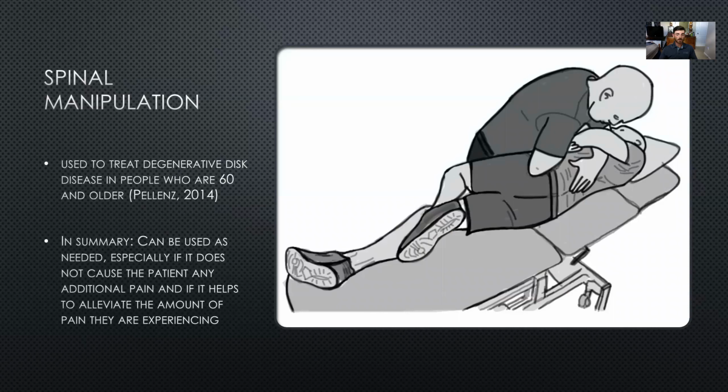But there is not a golden standard for the amount of treatments and the time between treatments. So the person suffering from chronic low back pain or any type of low back pain can have spinal manipulation performed on them as they need it or as often as they would like.